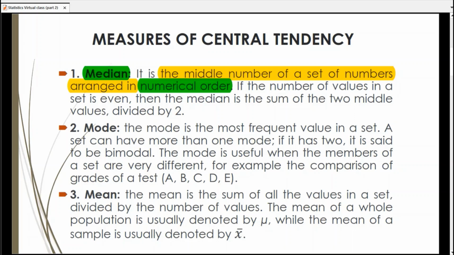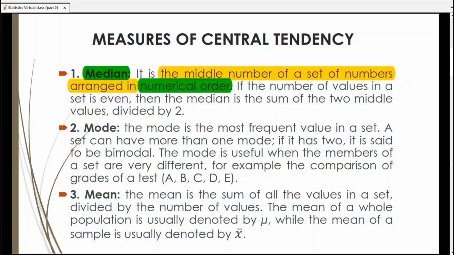That's not the focus here. The focus is to learn the technical English. That's why we are going to stick to basic examples to get the concept, terminology, and technical English of this topic, right? So it says it is the middle number of a set of numbers arranged in numerical order.